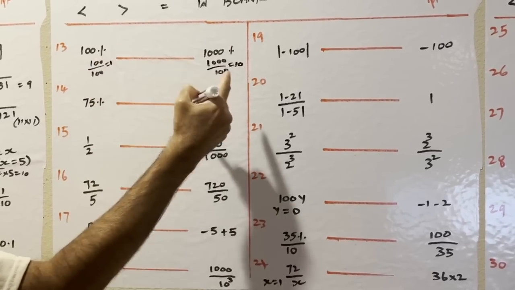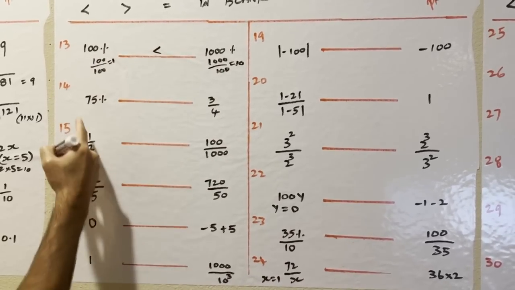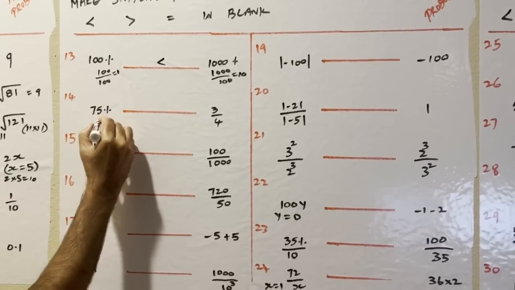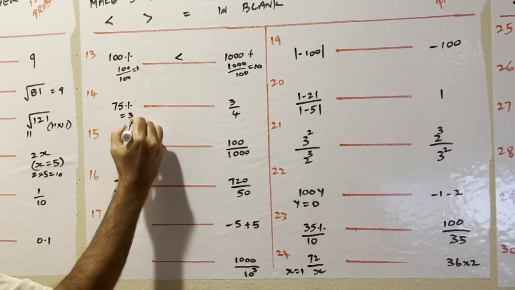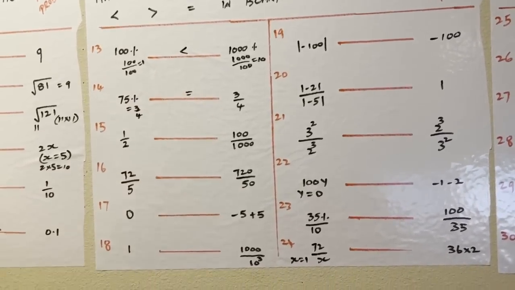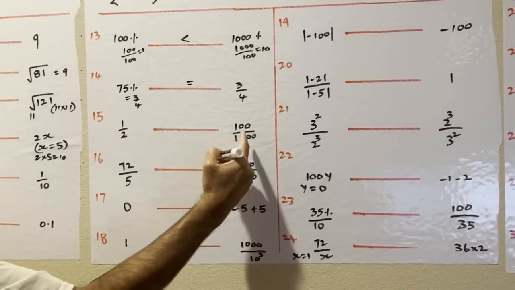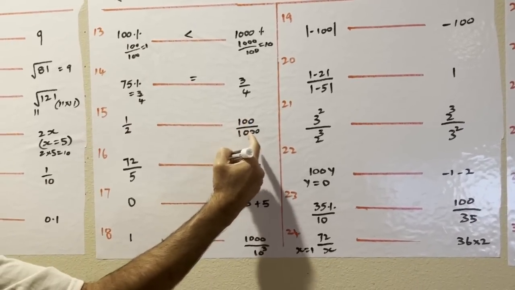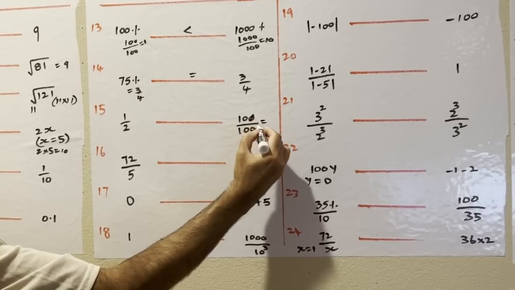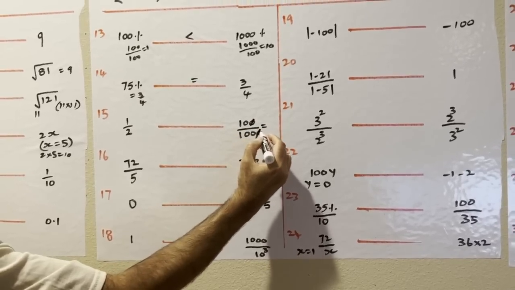Here it's 1. So here is greater. 75% is actually 3/4. Both are equal.